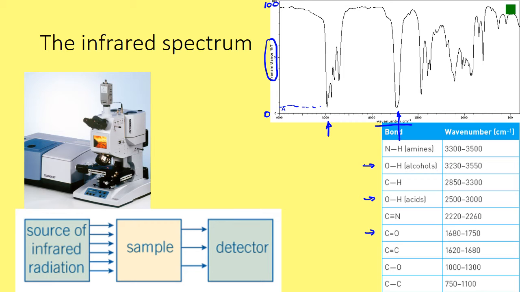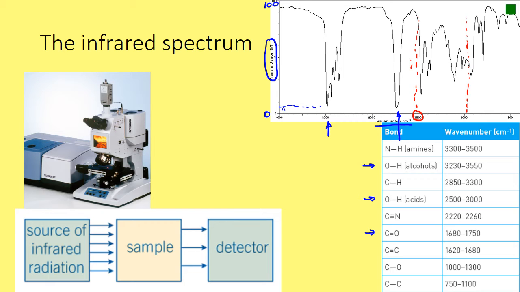Okay, and so what we might want to do now is just to have a look at what's called the fingerprint region. So at a wave number of about 1500, if we draw a dotted line up, it's supposed to be a straight dotted line, between about 1500 and about 1000, that's called the fingerprint region, because in that range of wave numbers, you actually get a pattern that is unique to a molecule.